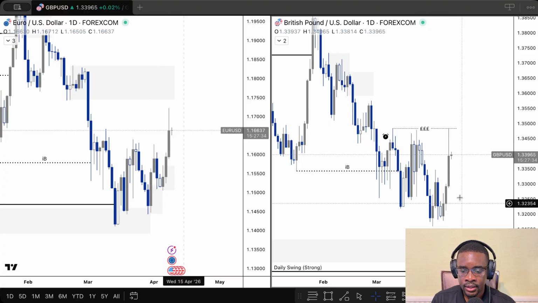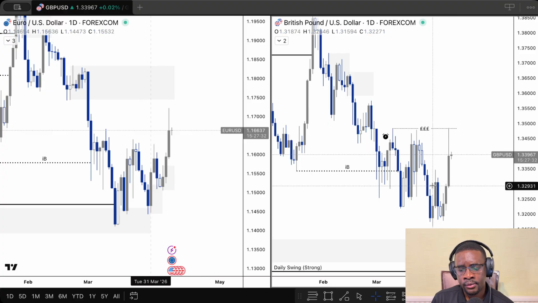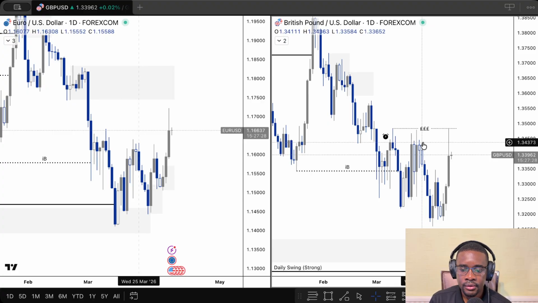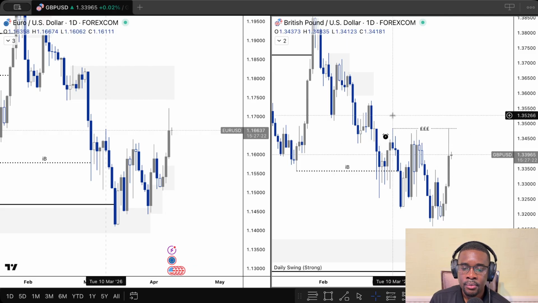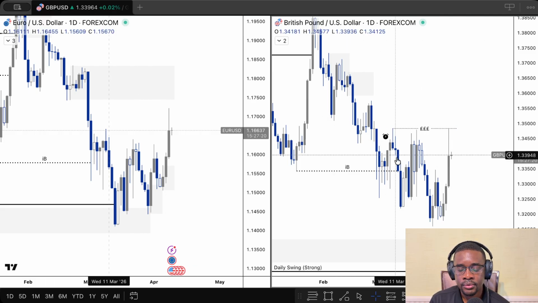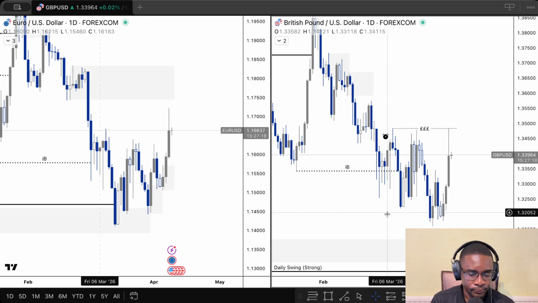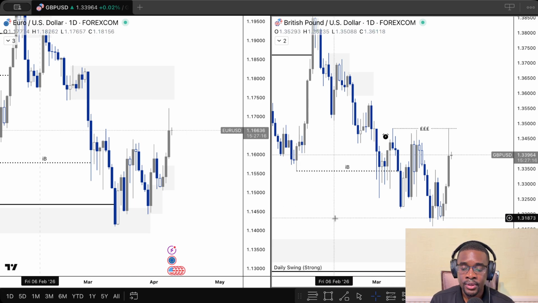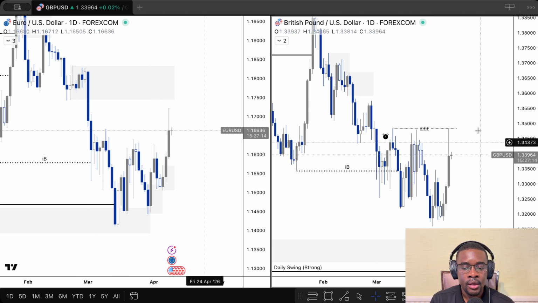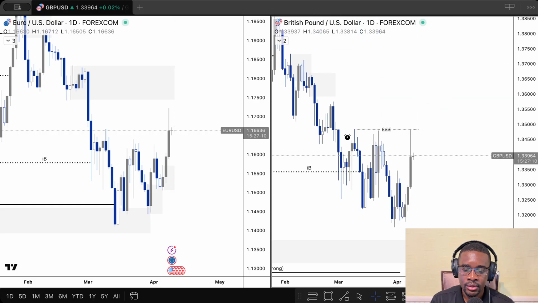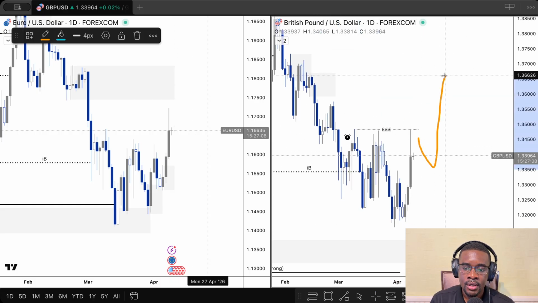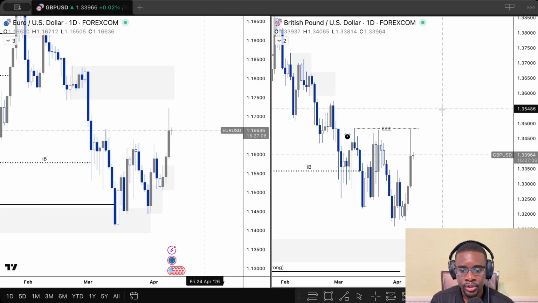Now internally we've had a structure shift to bullish, but in terms of the internal dynamics, it's still bearish. So this could be the first sign that price is now ready to continue bullish.